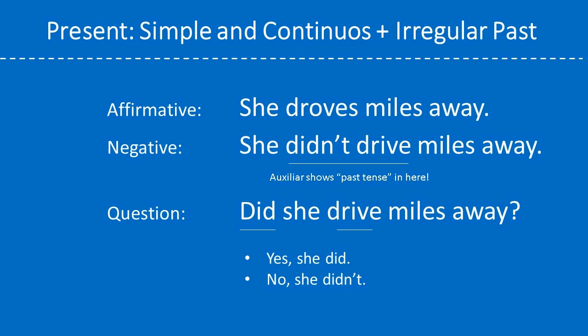Let's remember, an auxiliary comes to help in the sentence. That's the name, auxiliary, someone to help. The auxiliary did shows us that the sentence is in past, and because of that, we don't need the action also in past.